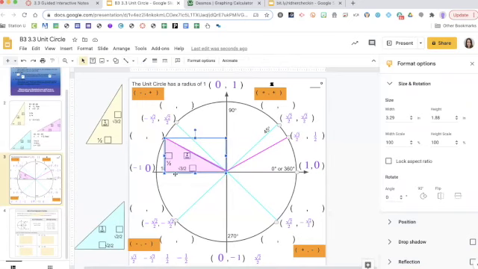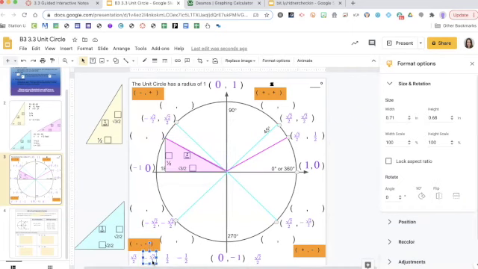Okay. Again, my width or my X value will be square root of 3 over 2, but it's in a negative direction because it was going left from 0. But the height is still a positive 1/2.